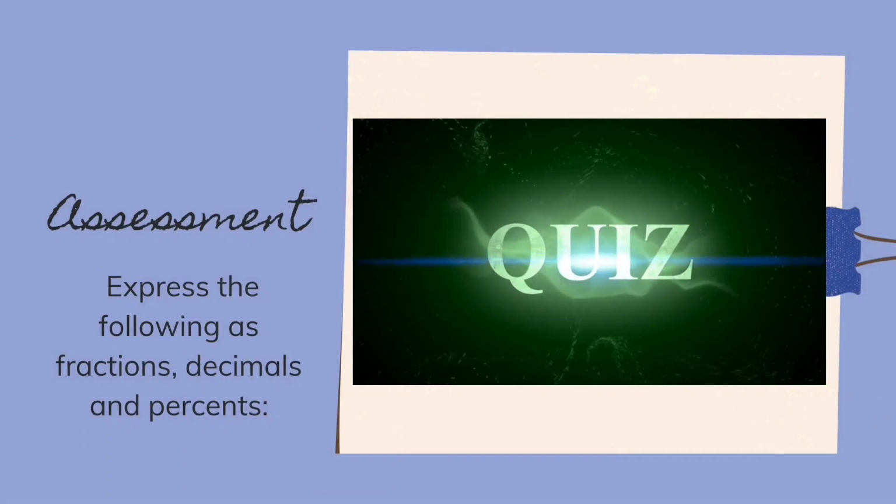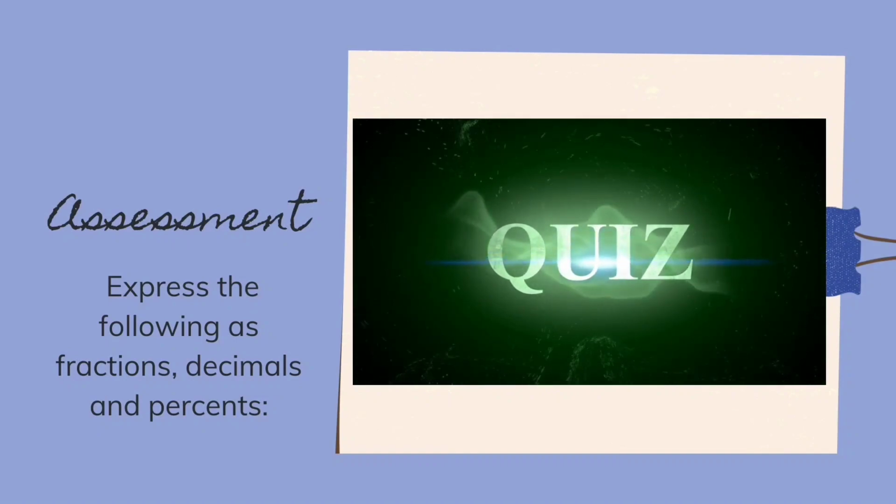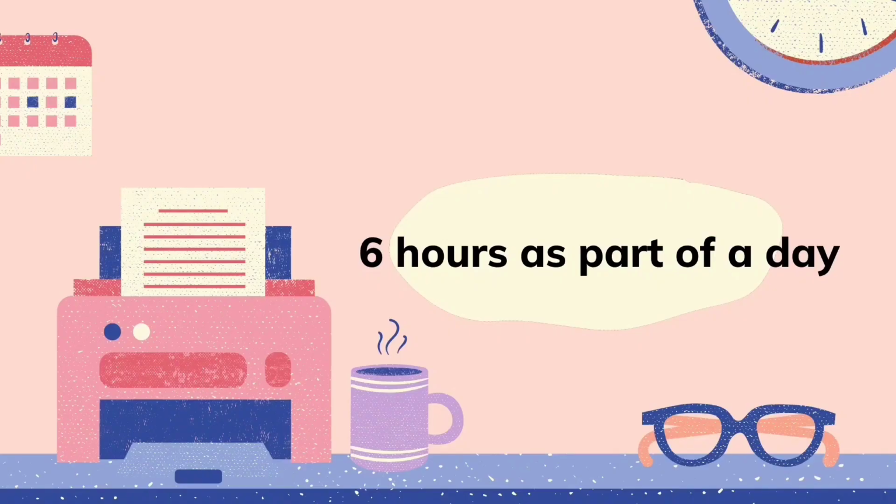Okay, for your assessment, express the following as fraction, decimals, and percent. So, number 1, 6 hours as a part of a day. What will be the fractional part of 6 hours as a part of a day?